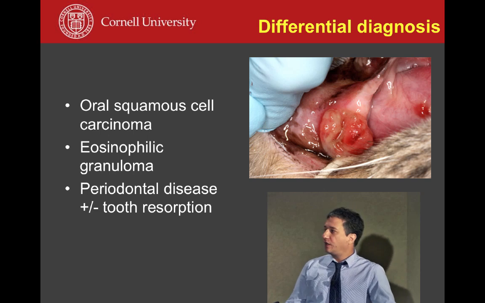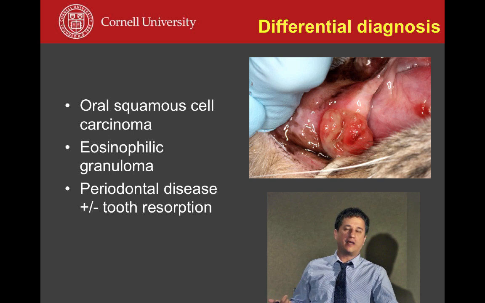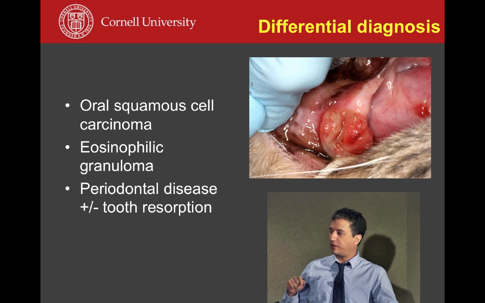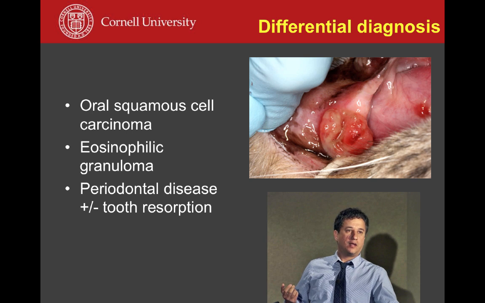cases I've noticed get diagnosed as chronic stomatitis, when you investigate a little further and do proper diagnosis of dental disease, some of these cases you conclude that they're just very, very severe periodontal disease cases and not necessarily chronic stomatitis.